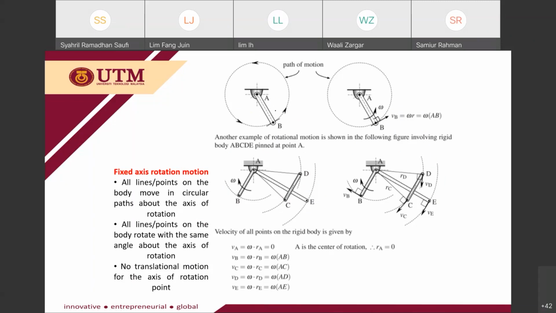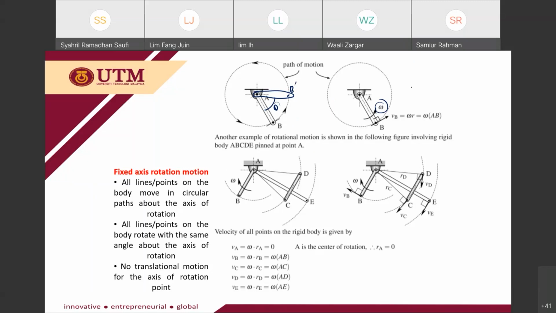This rigid body AB is moving with rotation motion. Since your rigid body is moving with rotation motion, you have an angle, let's say from B to this position B prime. If you have the angle, then you will have the angular velocity and also the angular acceleration, because your rigid body is moving with rotation.